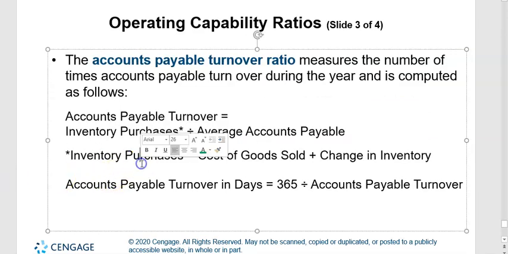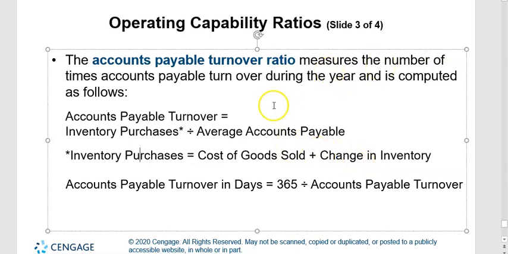The accounts payable turnover looks at how long it takes you to pay your accounts payable. This one's a little bit different. It's inventory purchases divided by average accounts payable. Average accounts payable is beginning plus ending divided by 2 for accounts payable. Inventory purchases is a calculation we don't normally see, and it's the cost of goods sold plus the change in inventory from the previous year to the current year.